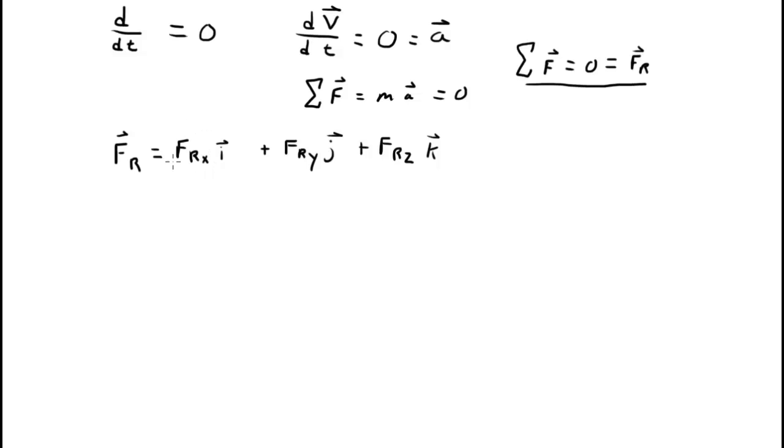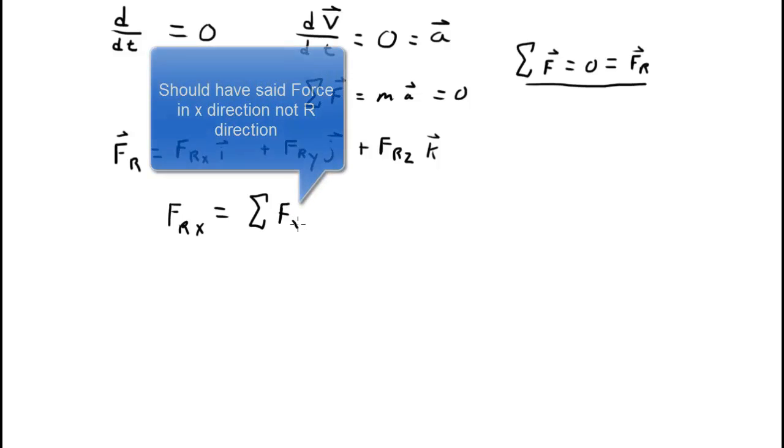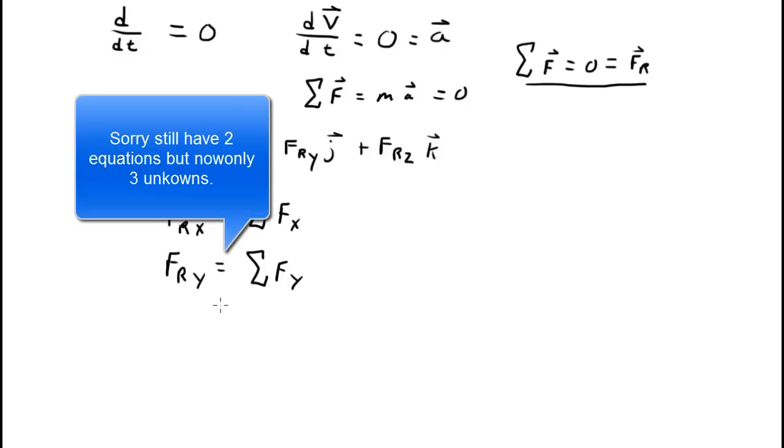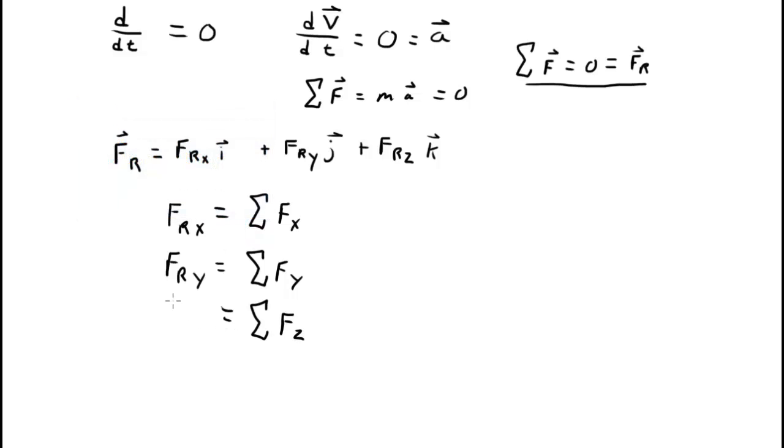We should recognize that to obtain this, what we really were doing is summing all the forces in the respective directions. So the resultant force in the x direction is equal to the sum of all the forces that were applied in the x direction. The resultant force in the y direction is equal to all the forces in the y direction. And similarly, the resultant force in the z direction is equal to the sum of forces in the z direction.